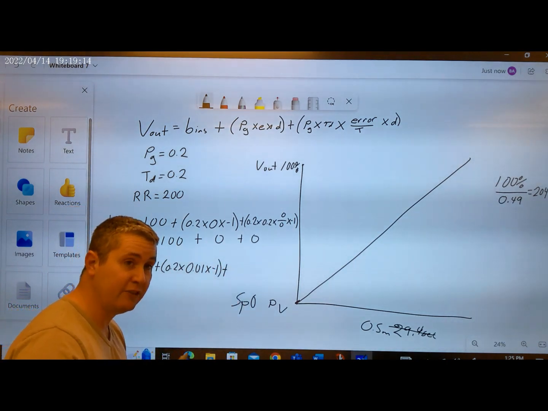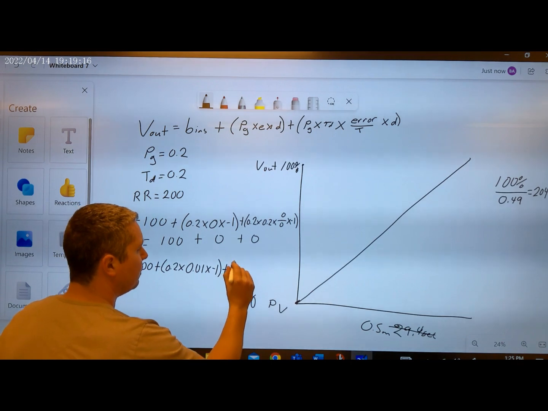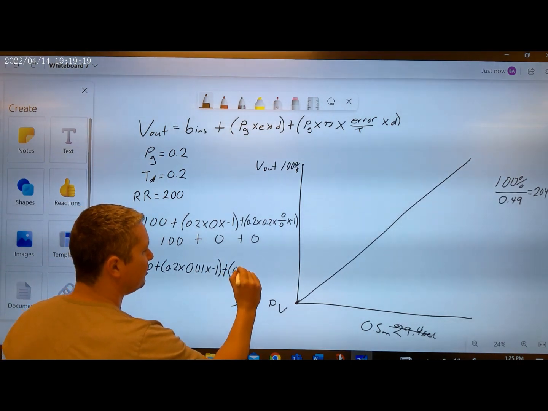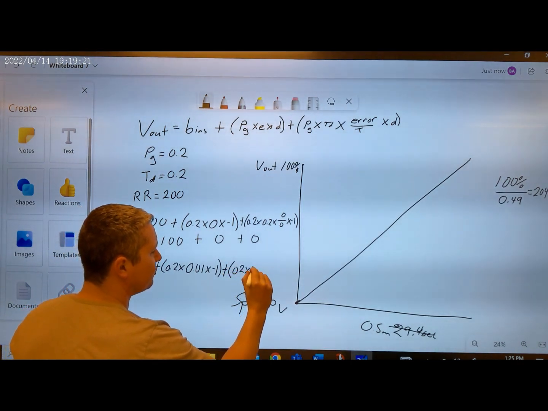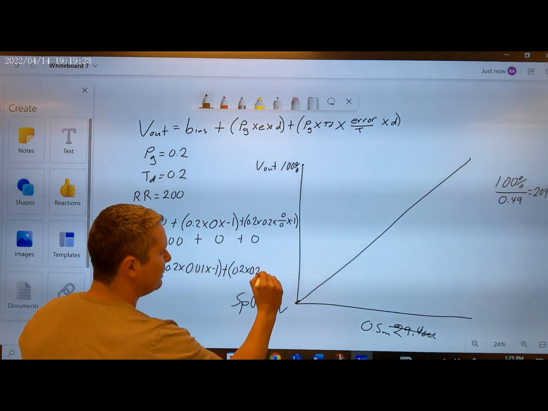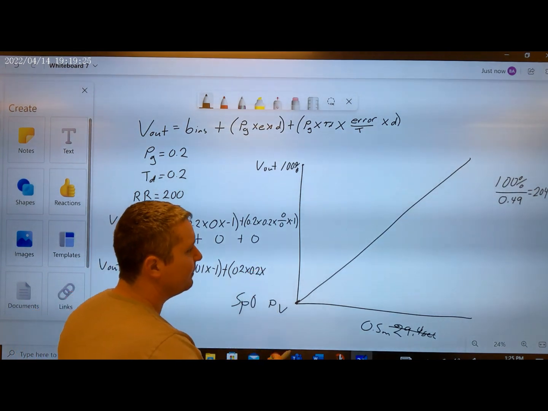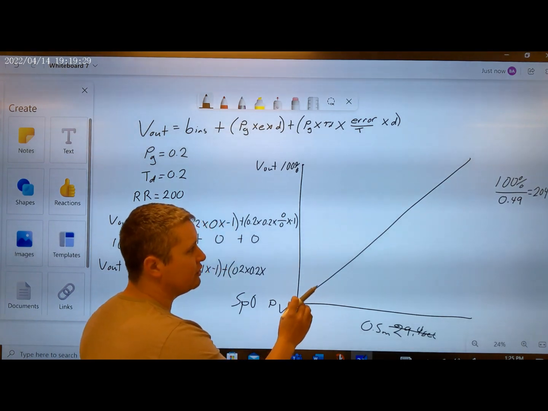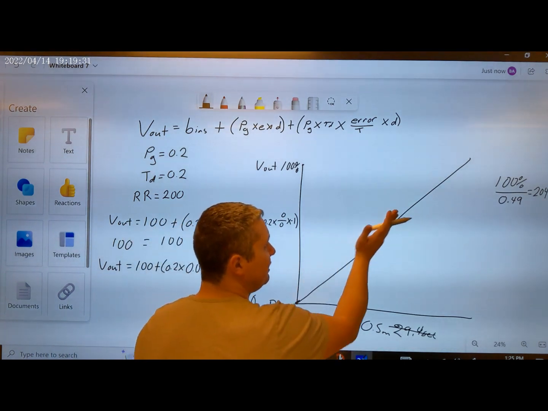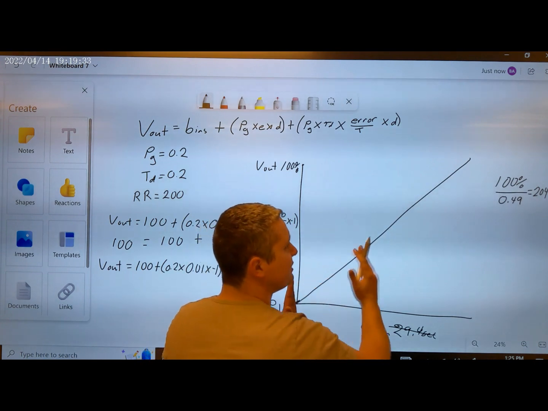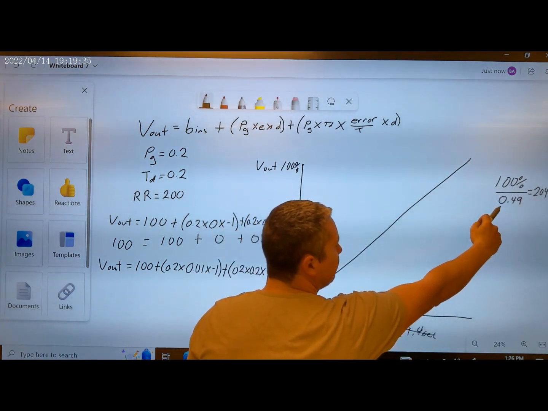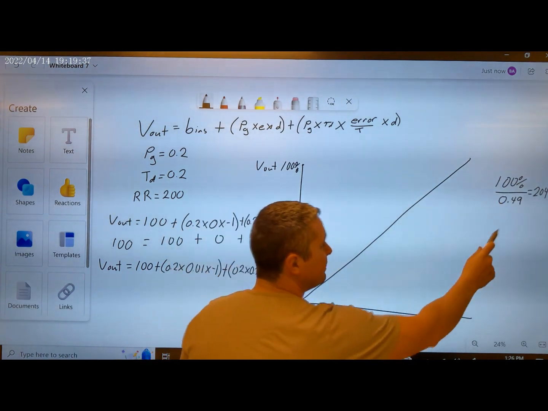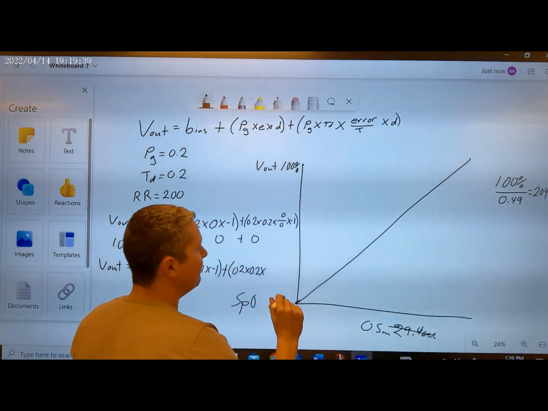This is where derivative kicks in. We have our proportional gain of 0.2 times our derivative gain of 0.2 times, now you could get very small numbers, or if this is a linear ramp rate, we could just take the 100% divided by 0.49 and we get 204, okay?